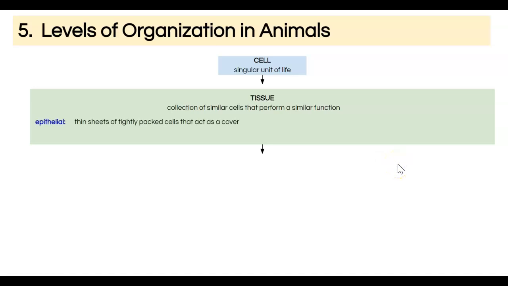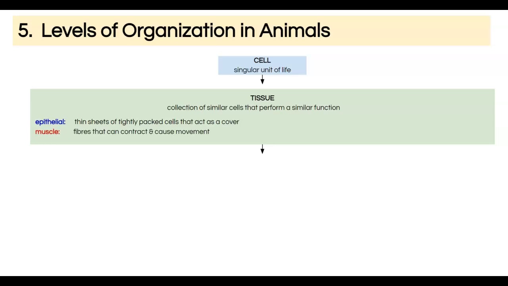Now we talk about 4 different types of tissues in this course. The first is epithelial. And so epithelial tissue are basically thin sheets of tightly packed cells that act as a cover. So your skin would be considered epithelial tissue. Now, I think epithelial is probably the only one that's going to be fairly unfamiliar to you.